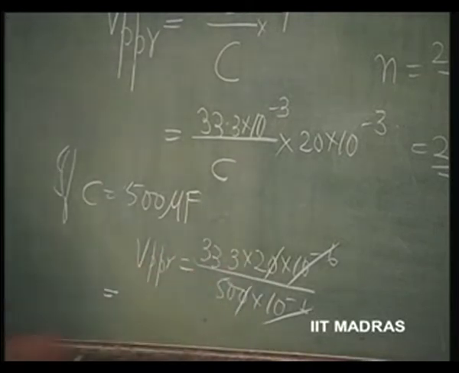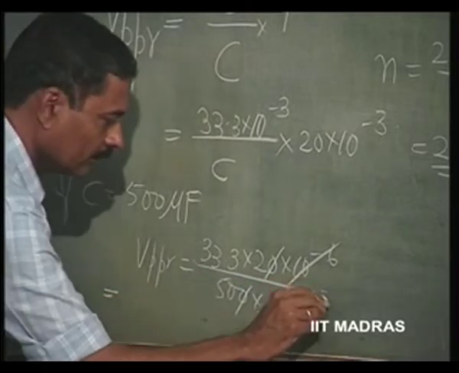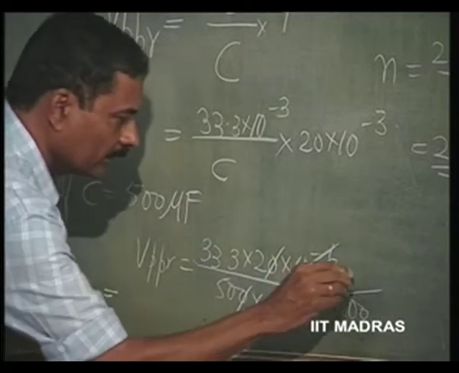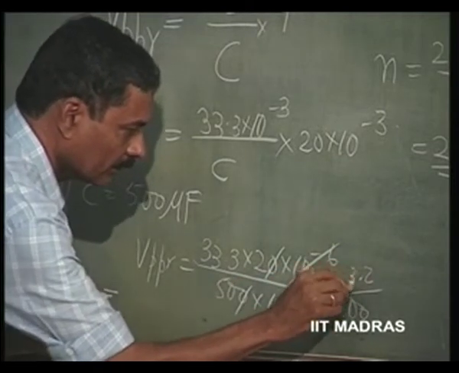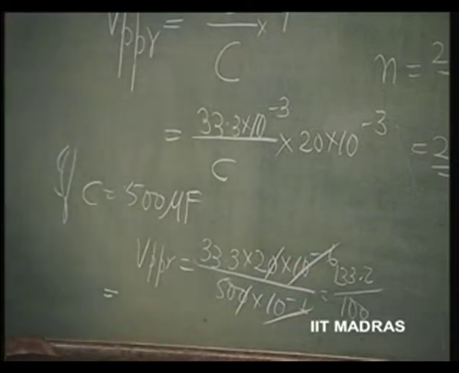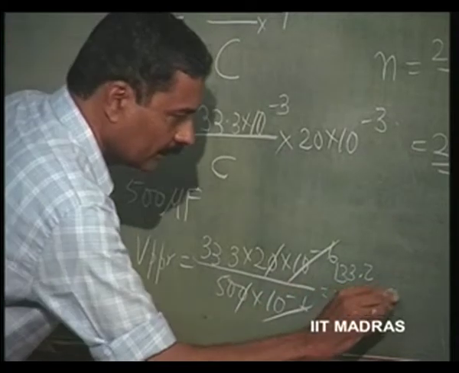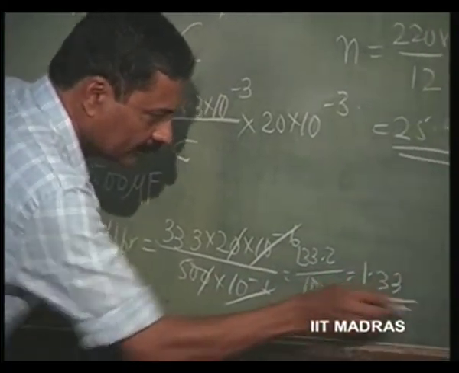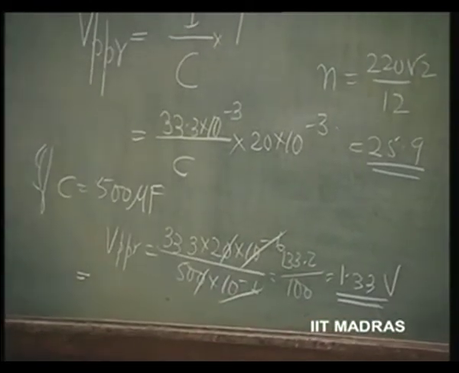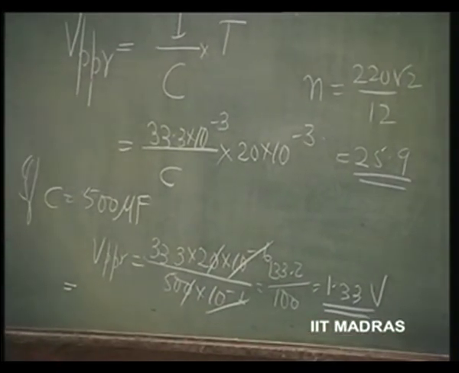So, this is going to be 1.33 volts, the peak to peak ripple. Now, we have found out the peak to peak ripple across the capacitor.